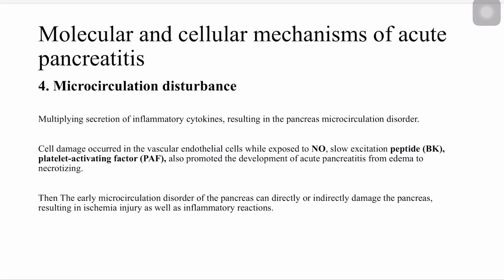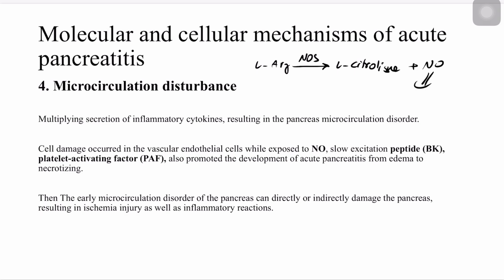Usually cell damage happens when the vascular endothelial cell is exposed to nitric oxide. Nitric oxide will be increased because, as you see, nitric oxide can be from L-arginine. Nitric oxide synthesis can happen, giving L-citrulline plus nitric oxide.